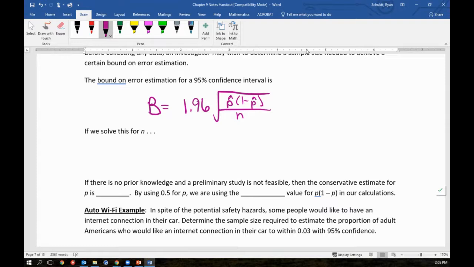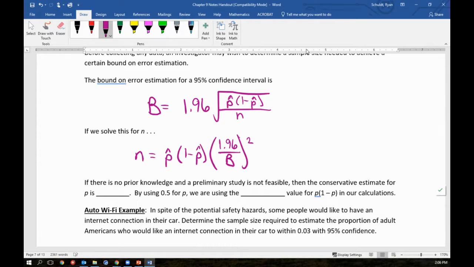If you want to, you can do it. Otherwise, we'll just say if you solve for N, you'll get P hat times 1 minus P hat times 1.96 over B squared. Remember, B is your error bound.